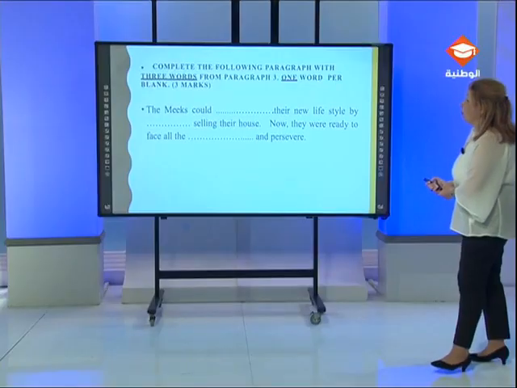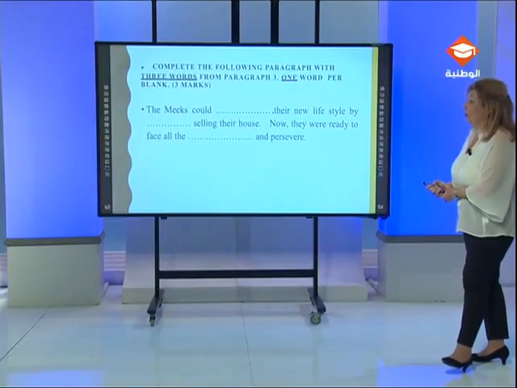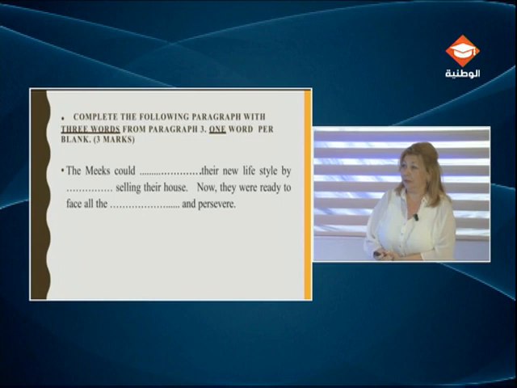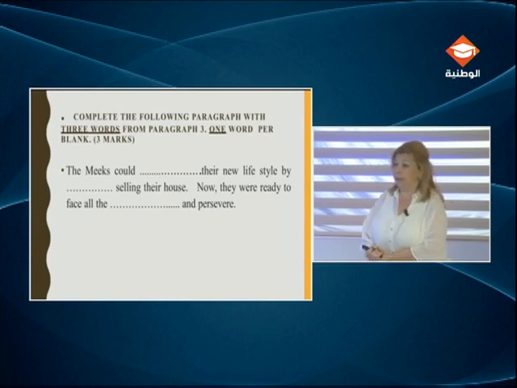If you write more than 1 word, you will be penalized for it. Be careful. So I read my sentence. The Meeks could blank their new lifestyle by blank selling their house. Now they were ready to face all the blank and persevere.